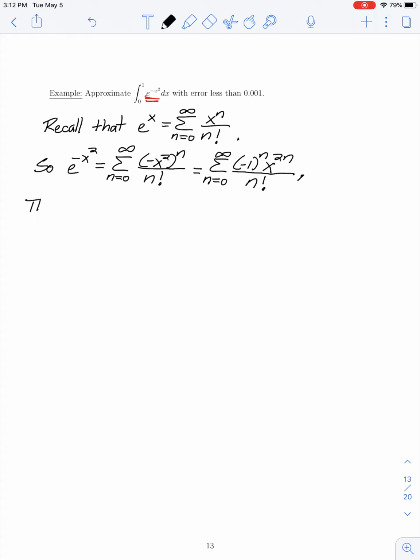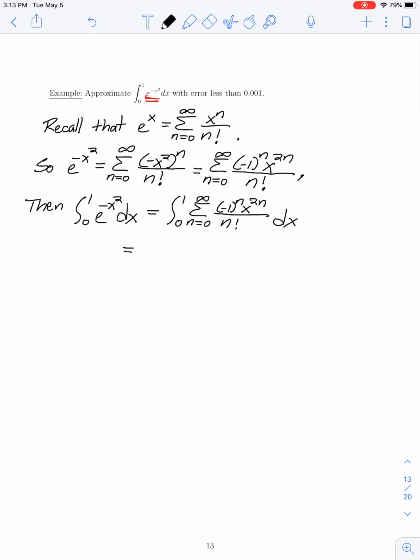So then, if we want to evaluate the definite integral from 0 to 1 of e to the negative x squared with respect to x, that is the integral from 0 to 1 of the sum from 0 to infinity of negative 1 to the nth x to the 2n over n factorial with respect to x.